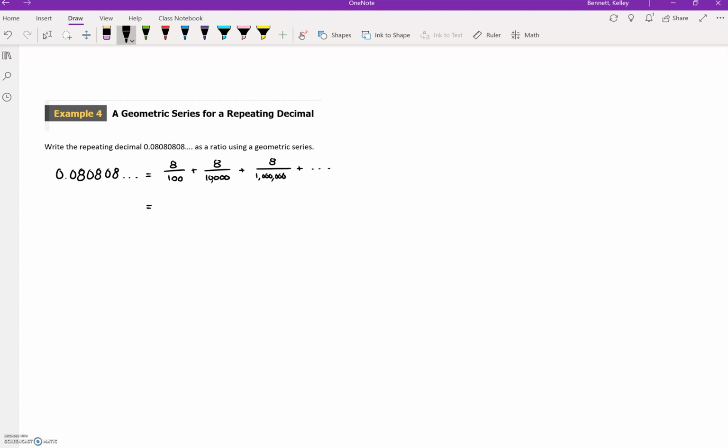And so I'm actually going to write this as powers of 10. So this is 8 over 10 squared plus 8 over 10 to the 4th plus 8 over 10 to the 6th, and so on and so forth.